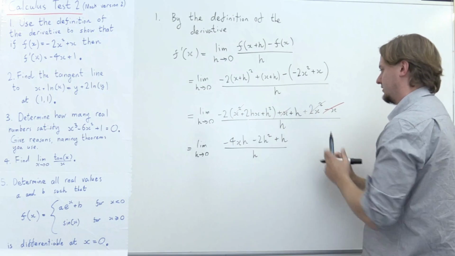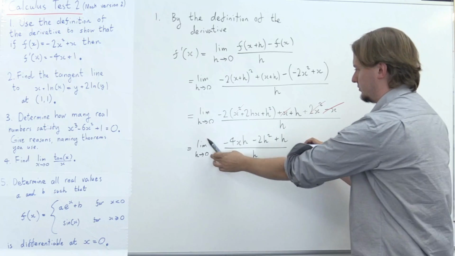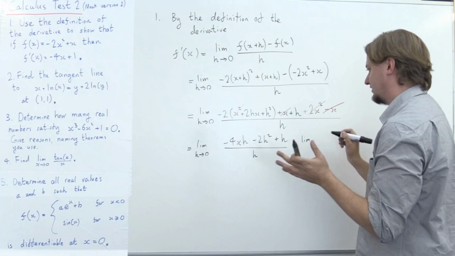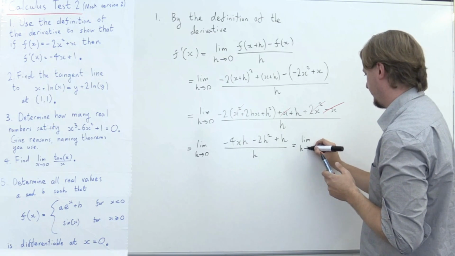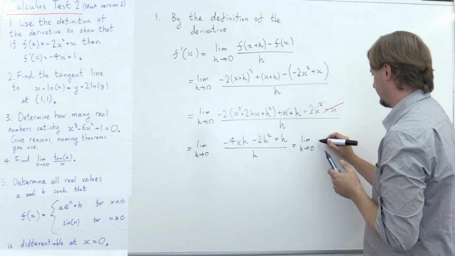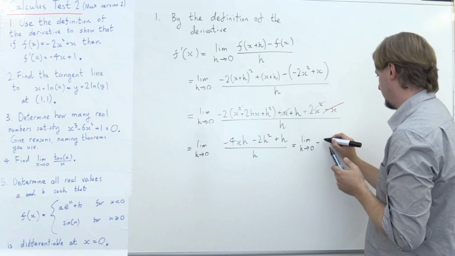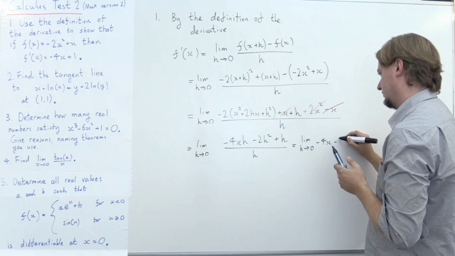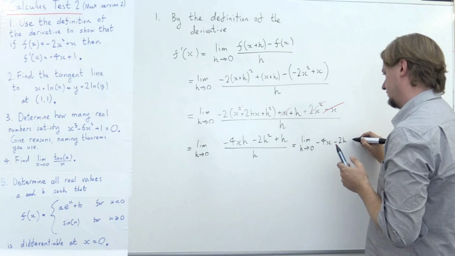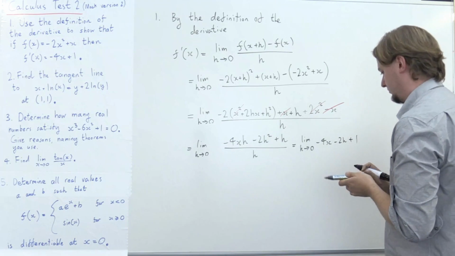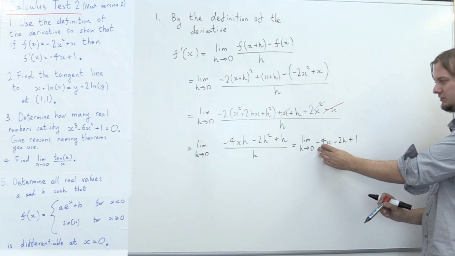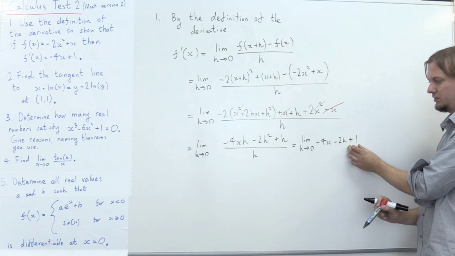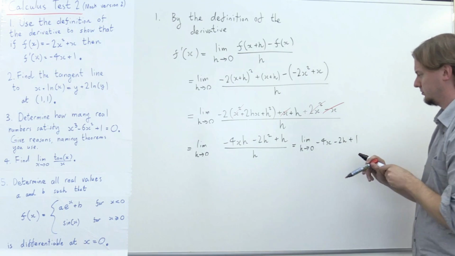That has a factor of h. h is not 0. We're always away from 0 when taking this limit, so we're never actually equal to 0. So if you cancel out a factor of h from everything, this becomes minus 4x minus 2h plus 1. As I take the limit, minus 4x is just a number, 1 is just a number, and this term goes to 0.